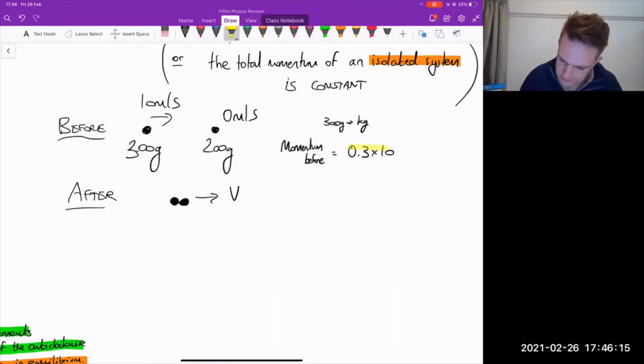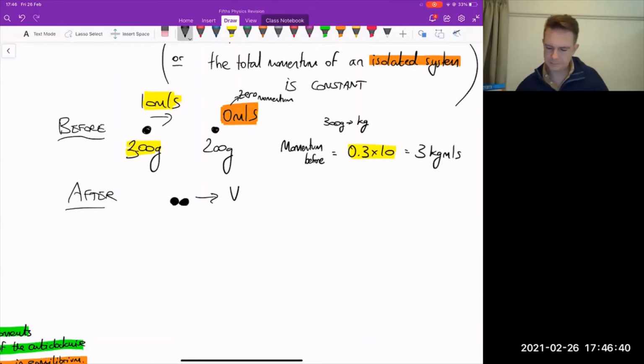So this is for this mass. The other one is at rest, so the speed is 0 and the momentum is also 0. We don't really have to write anything for that one. So the momentum before is 3 kilogram meters per second. And that has to equal the momentum afterwards.